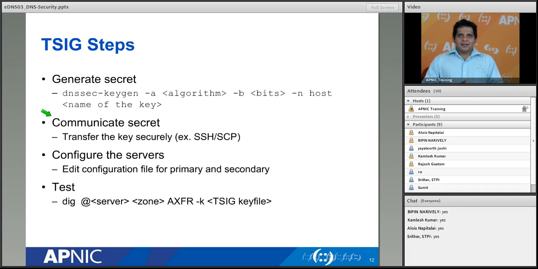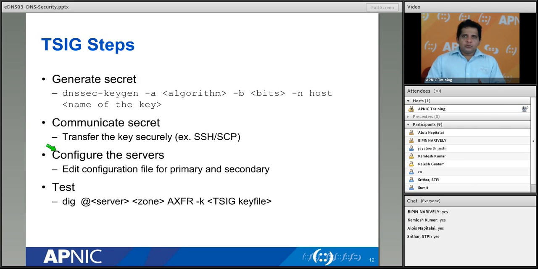If you're sending it through email, make sure that the email is encrypted and signed and so on, or use some out of band method to communicate the secret. And then you need to configure the servers. When we do the configuration here, remember we are configuring the name server.